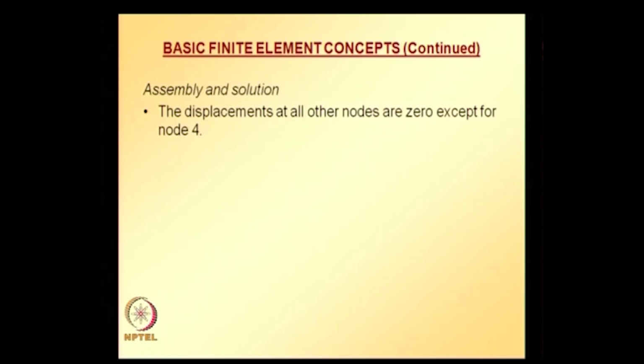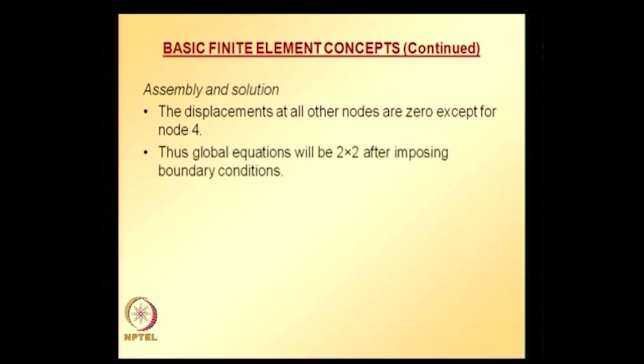Instead of assembling the entire global stiffness matrix, we can assemble directly the reduced stiffness matrix or reduced equation system. So, the global equations will be 2 by 2 after imposing the boundary condition. This is a 2 dimensional or 2D plane truss problem, and there are 4 nodes.